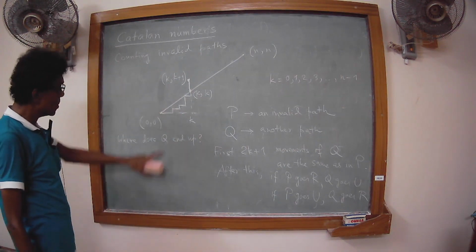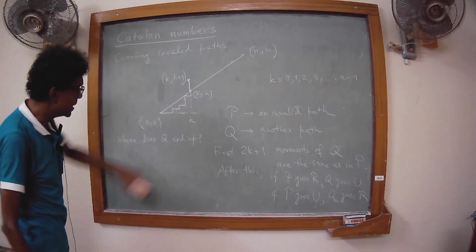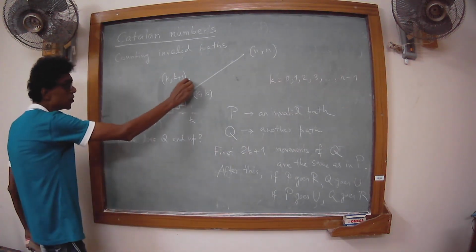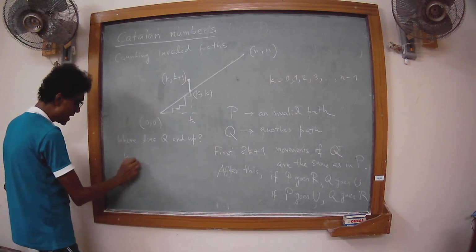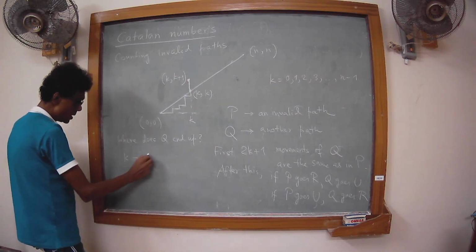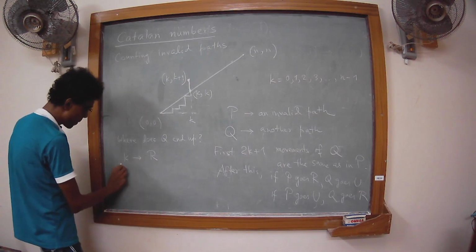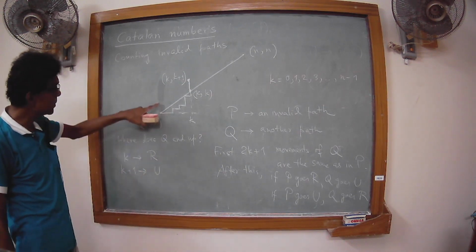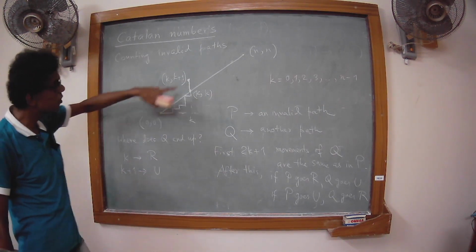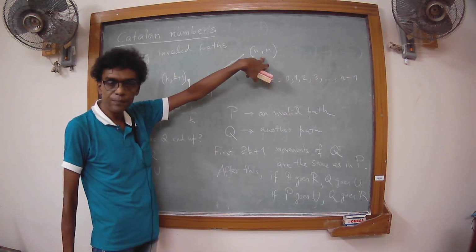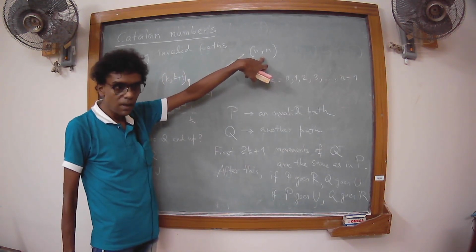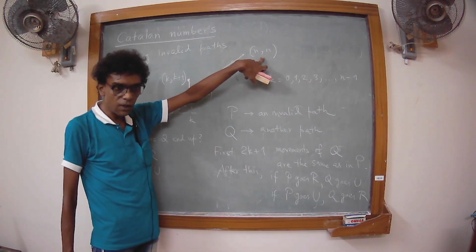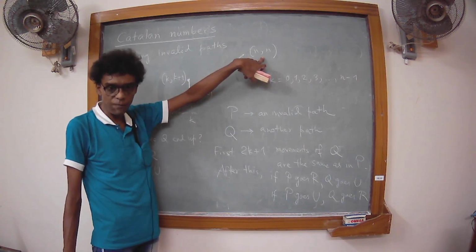Now let us look at P. Up to this point, it has made K right movements and K plus 1 upward movements. But since P is a path from 0, 0 to n, n, it will eventually have to make n right movements and n up movements.